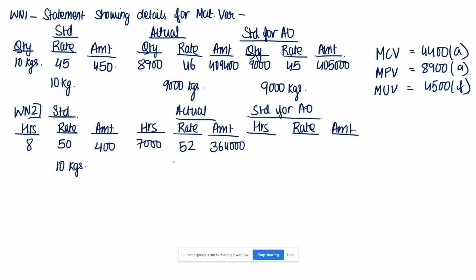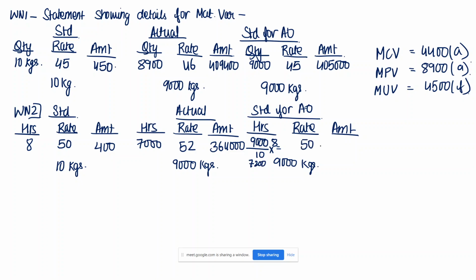3,64,000. This is for 9,000 kgs. So the standard for actual for 9,000, the standard hours would be 9,000 divided by 10 into 8. That is 7,200 hours at rate 50.